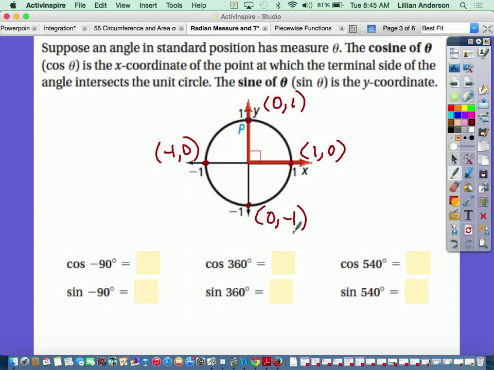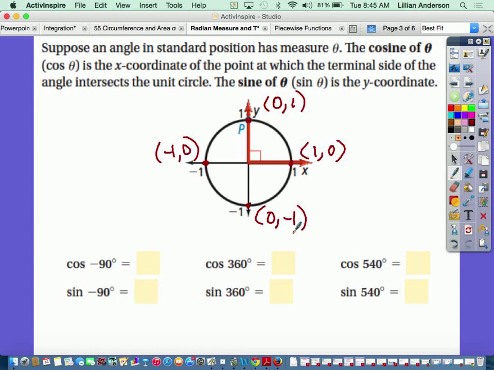So in other words, the x value is the cosine of that angle. The sine of theta is the y coordinate. So if you were to type cosine of negative 90 degrees into your calculator, it will give you the x coordinate of that angle.